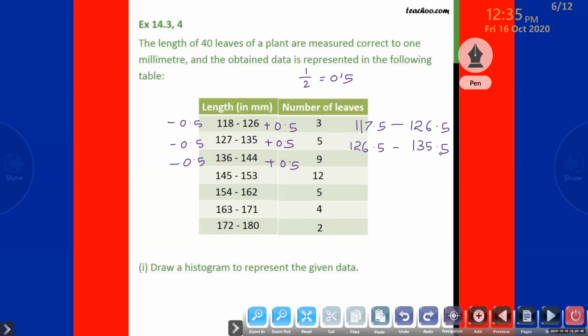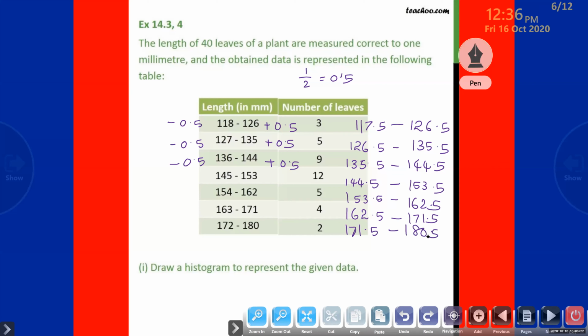Next class, 144.5. Upper limit, 153.5. Next, it starts from 153.5 and 162.5, then 171.5, 180.5. So this is the data.